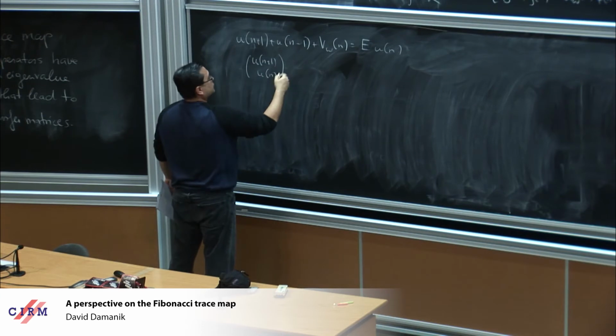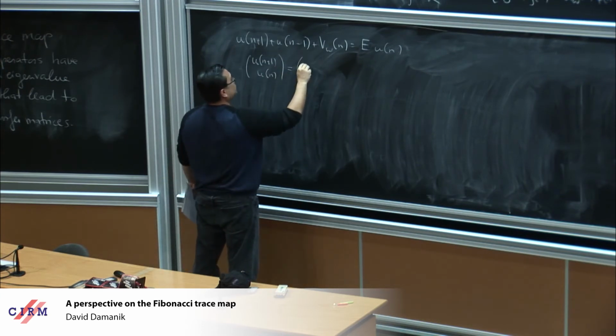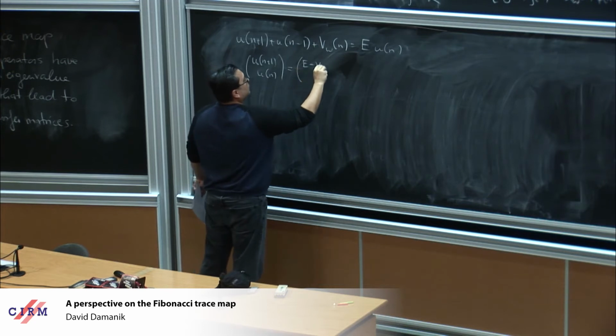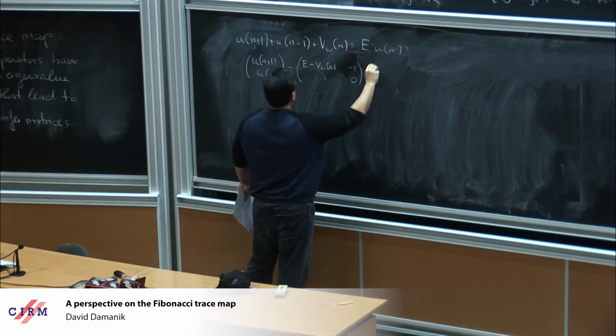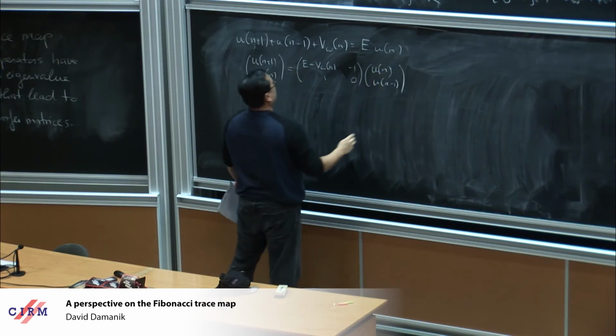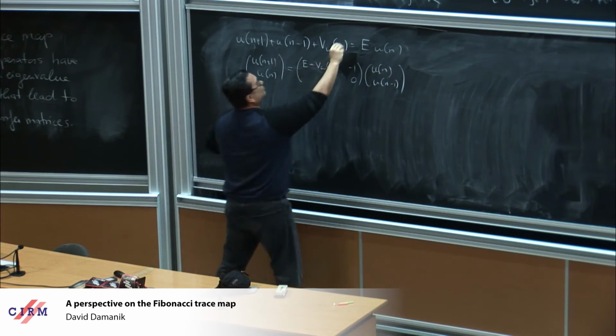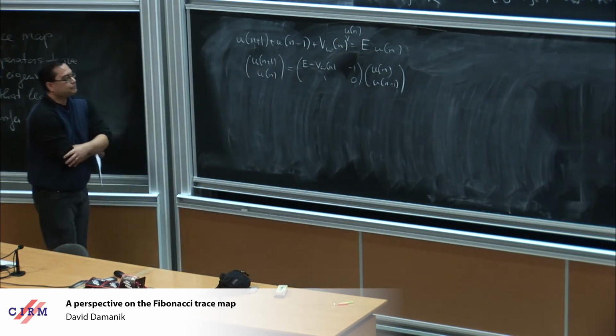And so once you have that, you see that anything goes. You can just prescribe any two values and then use these matrices here to go from one step to the next. Right. Thank you.